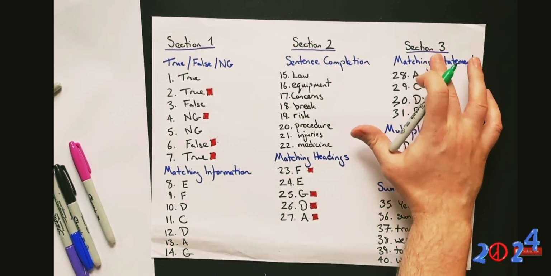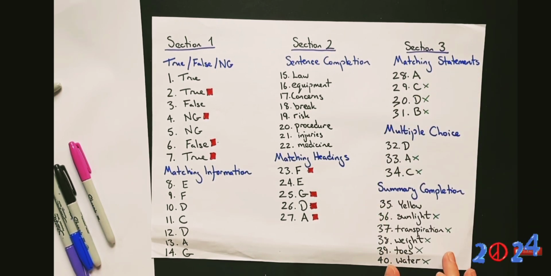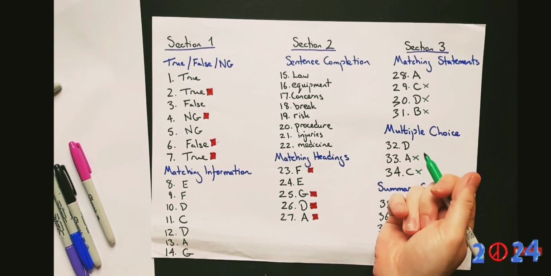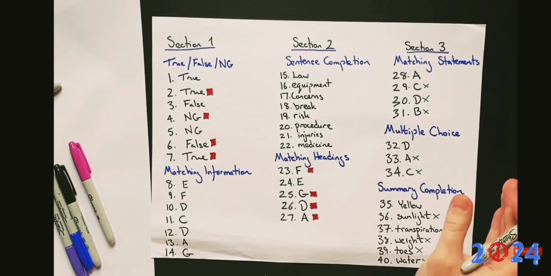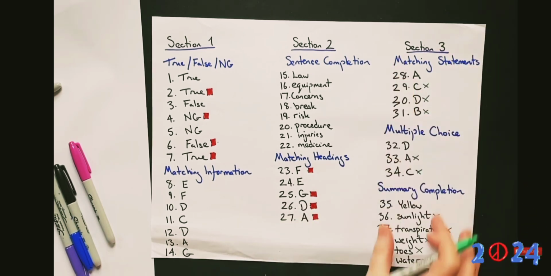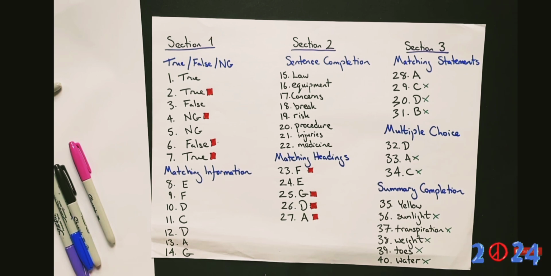Now let's look at a different student. This student gets nearly all the questions correct, but they get these 10 wrong. So section 1 is quite easy. Section 2 gets a little bit more difficult, and section 3 gets even more difficult still.